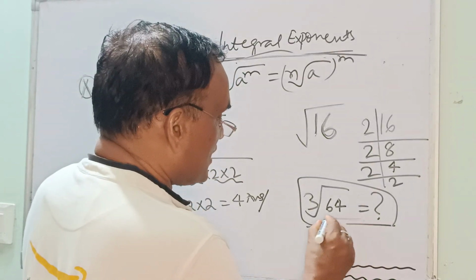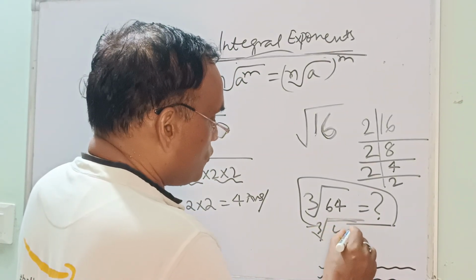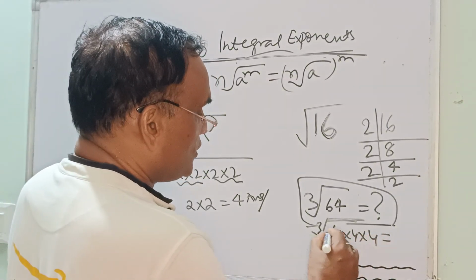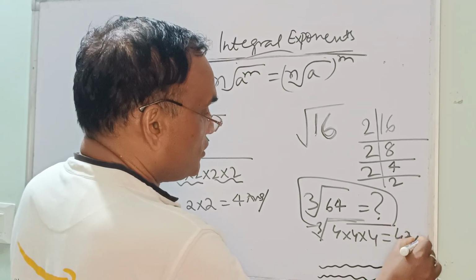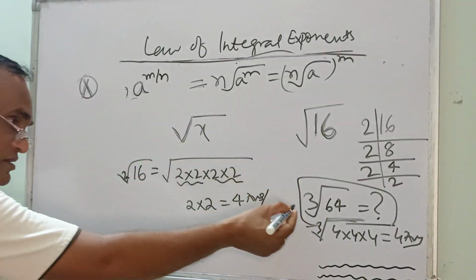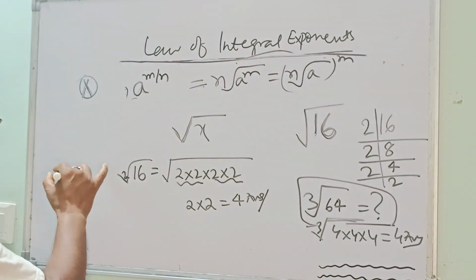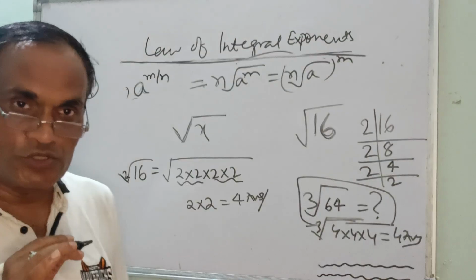This is just a slight example I have taken. Here 3 is written, so 4 into 4 into 4. 4 4s are 16, 4 16s are 64, and 3 is there, cube root of this. So your answer is 4. Same pattern. Here 3 is written, you are able to see it. But here 2 is not written. 2 is silent, but I should understand there is a 2.